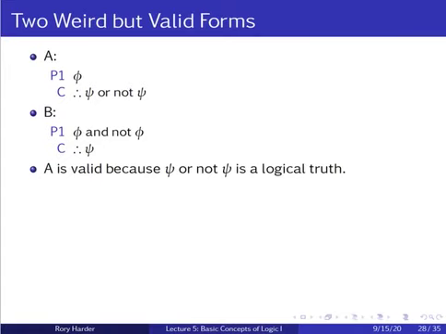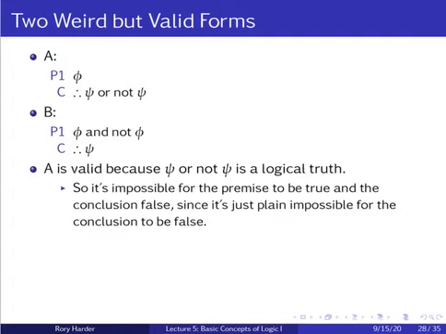The reason why argument form A is valid is because the sentence psi or not psi, no matter what the sentence psi is, is a logical truth. So for any sentence psi whatsoever, psi or not psi has to be true. That's to say that any sentence has to be either true or false.